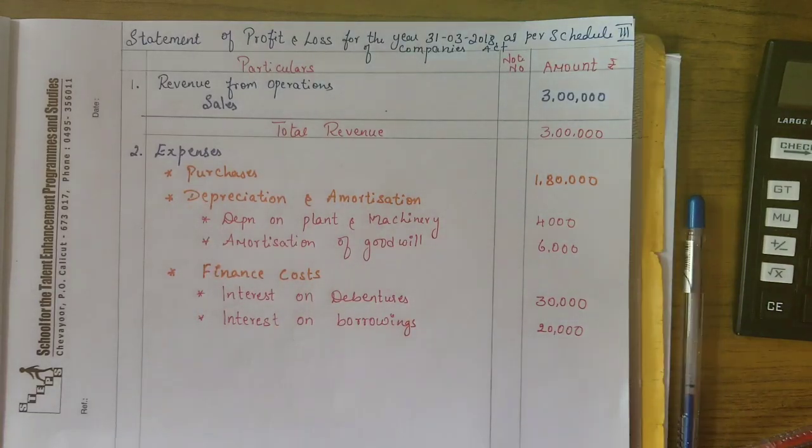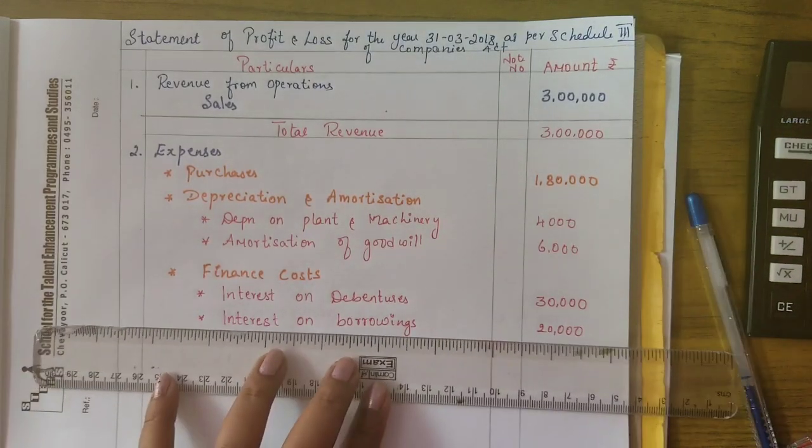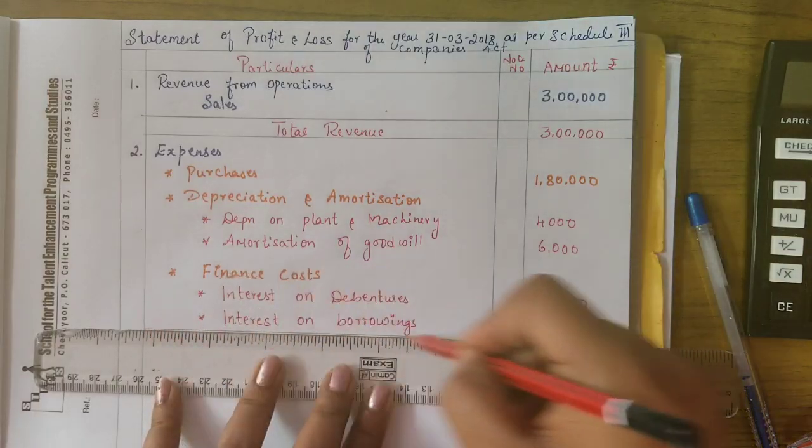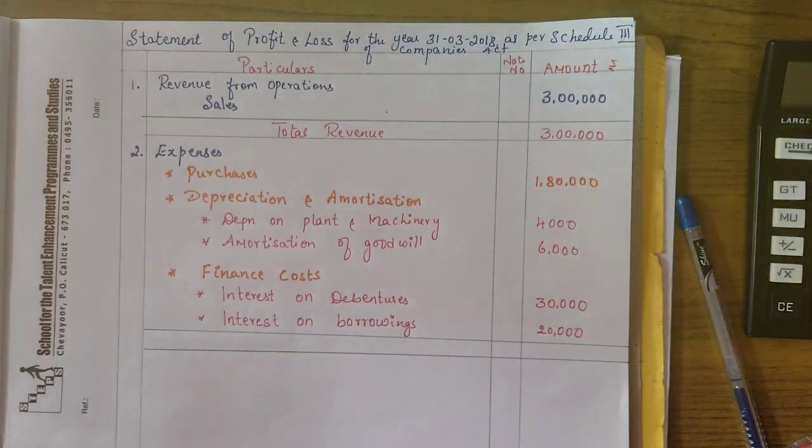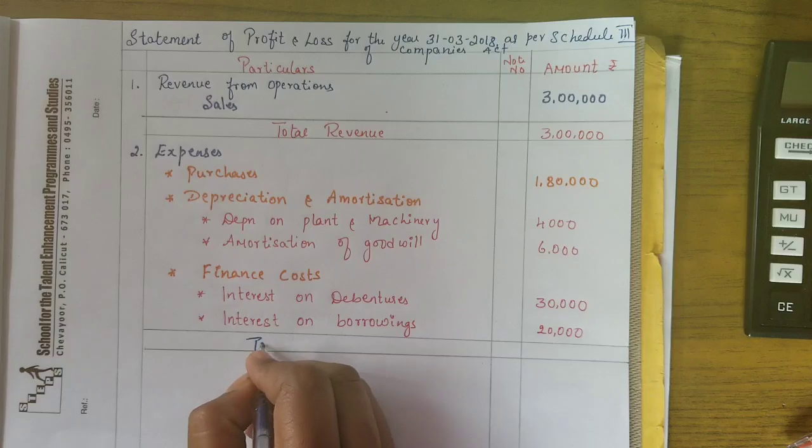Now let's make the total of expenses. Total expenses. Drawing the lines is very important.